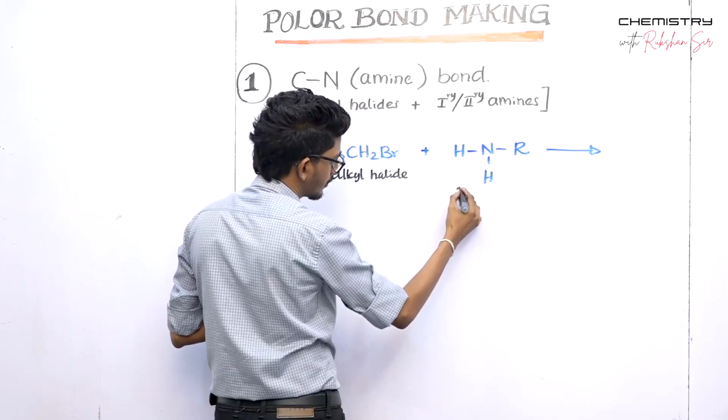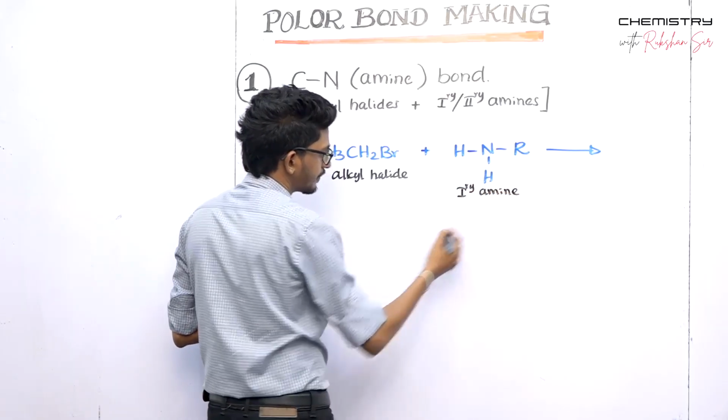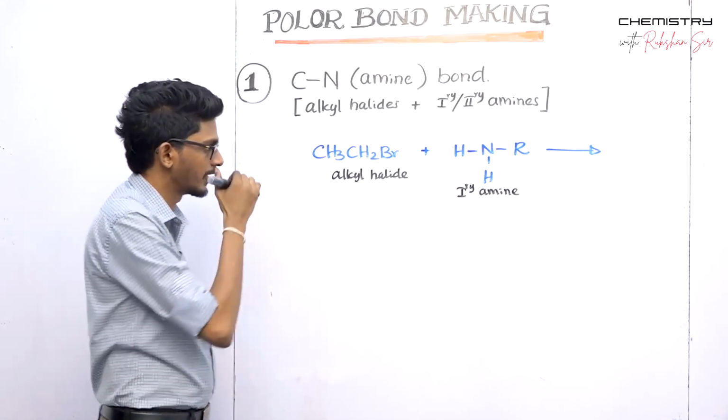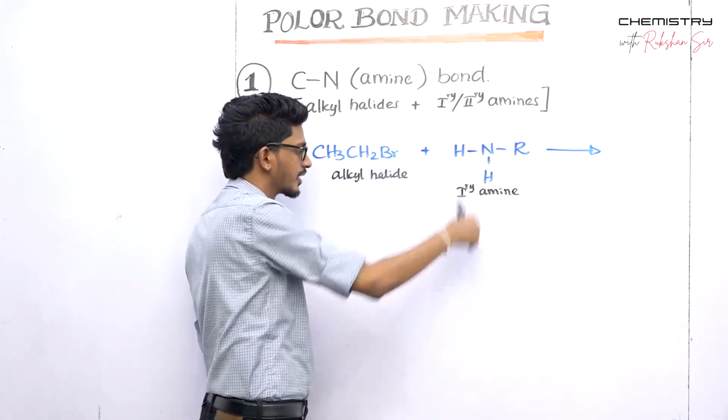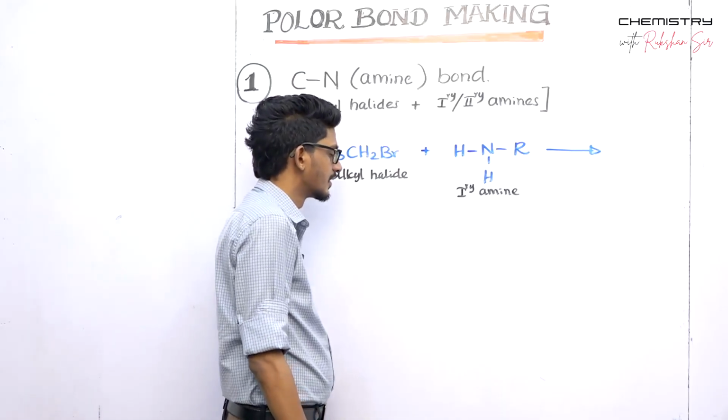Those are known as primary amines. If two R groups are there, secondary amines. Three R groups, tertiary amines. Like the carbocations, number of R groups.